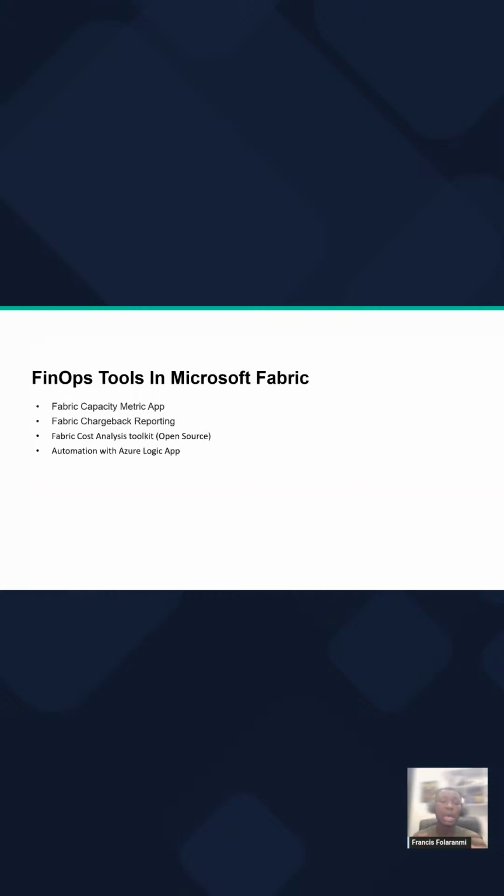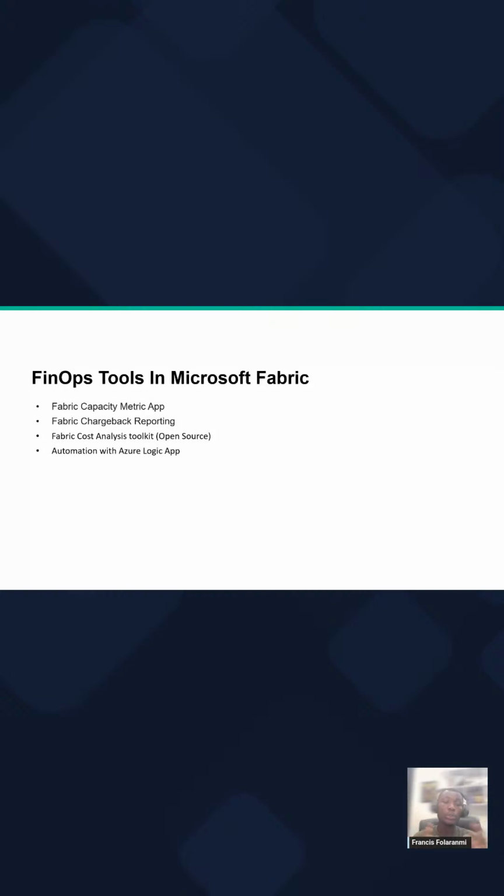Yeah, what are the tools that are available today to implement FinOps for Microsoft Fabric? You have your Fabric Capacity Metrics app that I talked about. We have your chargeback reporting. These two are very similar, and part of the plan by Microsoft is actually to consolidate the two reports into one. I'm going to show us what each of these reports look like and some of the KPIs that you can track.